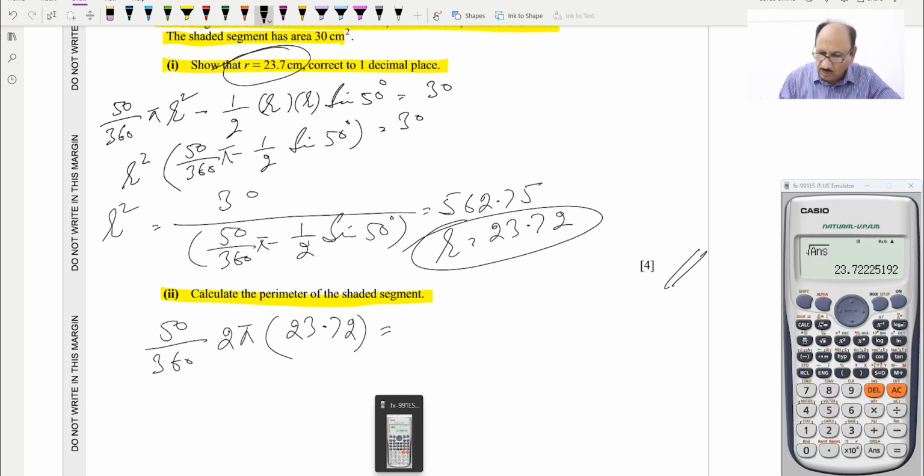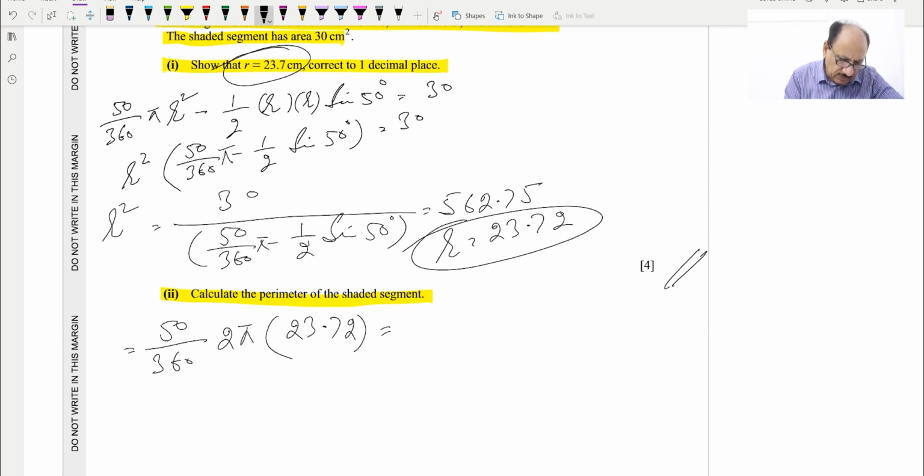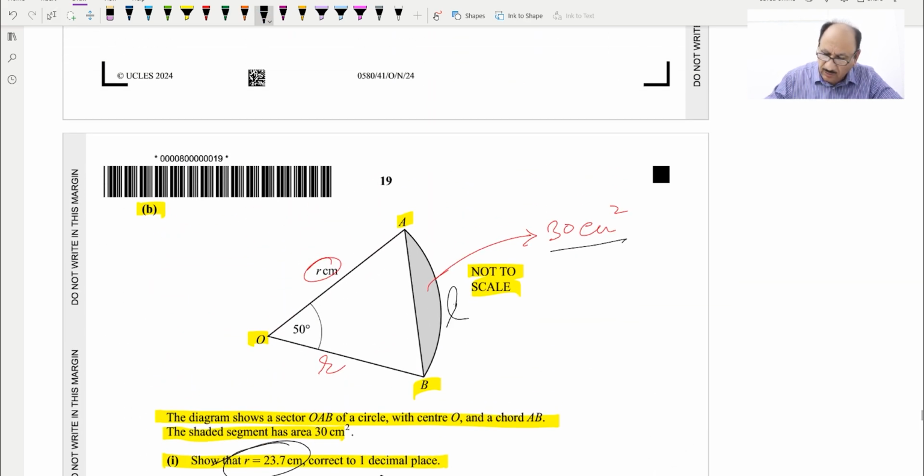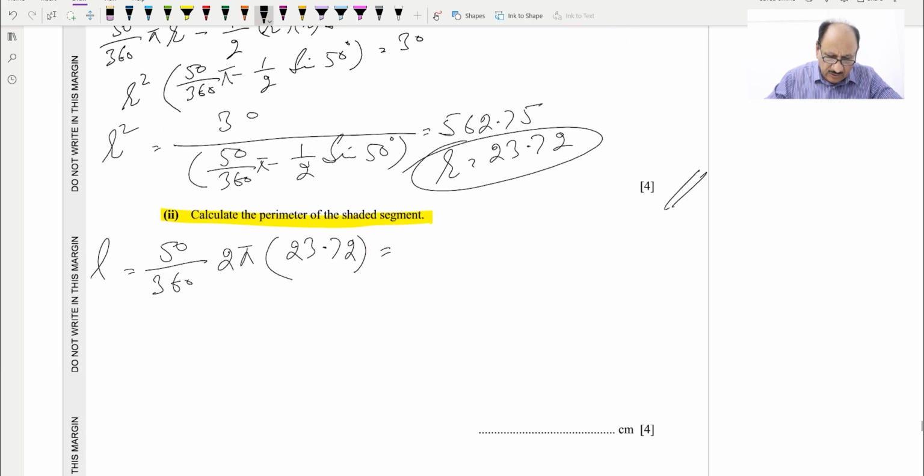This will be basically the arc length. This one we can write as L, the arc length. Then we will take the straight line AB, and now we can calculate.